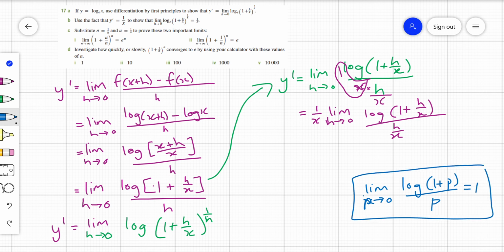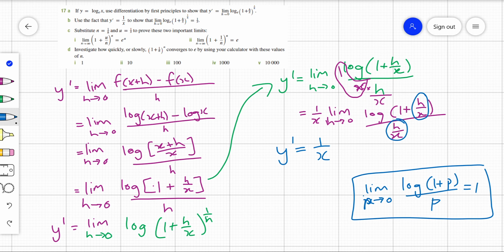So if we use that property, that the log of 1 plus a tiny bit divided by that tiny bit is equal to 1, then you can see here's like p and this is p here. So that's going to go towards 1, which means we'll just get the 1 on x left for our y dash.